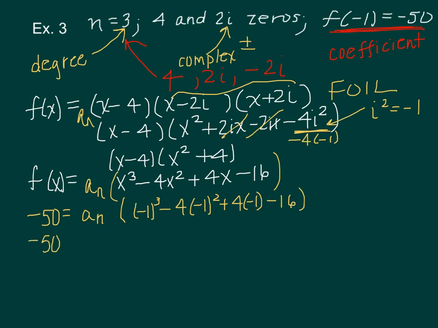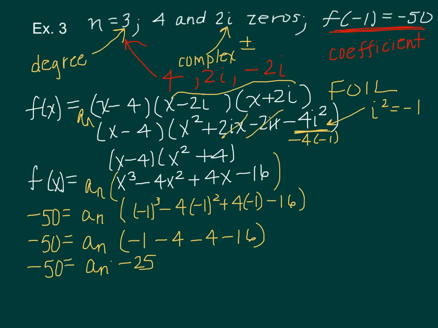So that's going to help us solve for this coefficient. -1 cubed is -1. That's -4, -4. And that will be -16, -5, -9. That's -25.